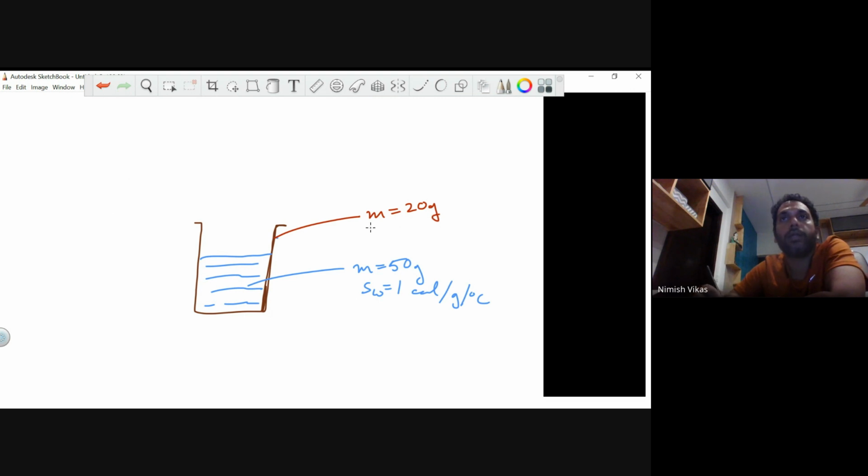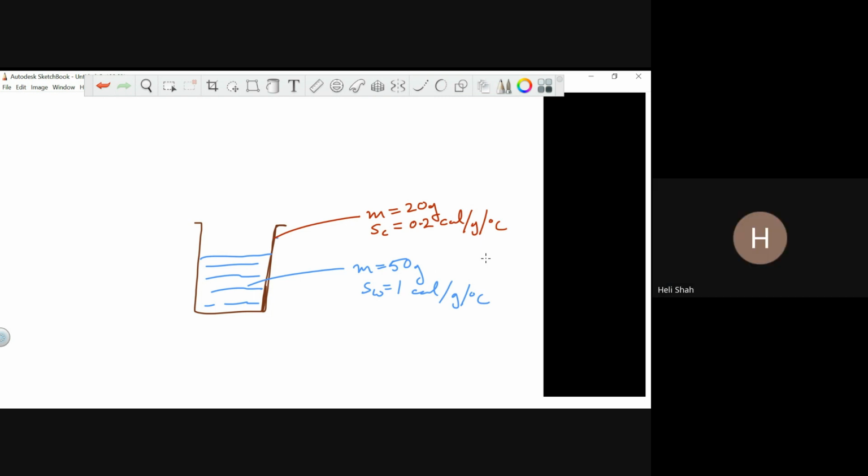Mass is suppose 20 grams, and specific heat capacity of the calorimeter material, mostly copper, I don't remember the exact value, but I'm just writing it as roughly 0.2 calories per gram per degree Celsius. We know it is much less than water. Is that clear, guys?